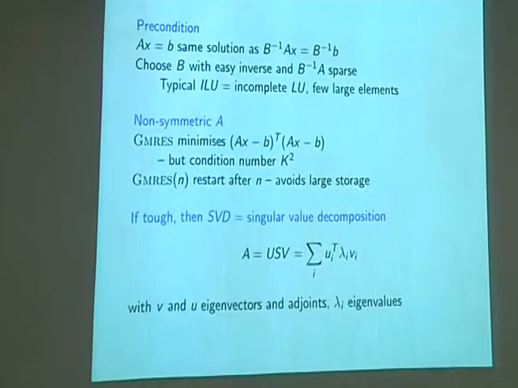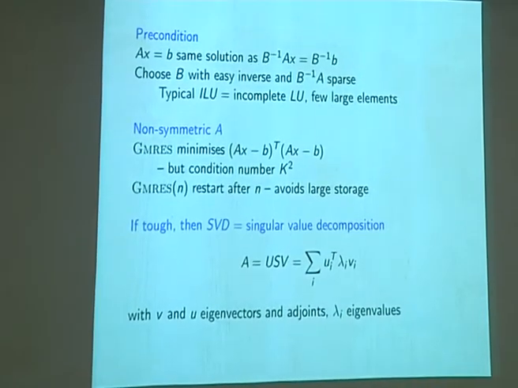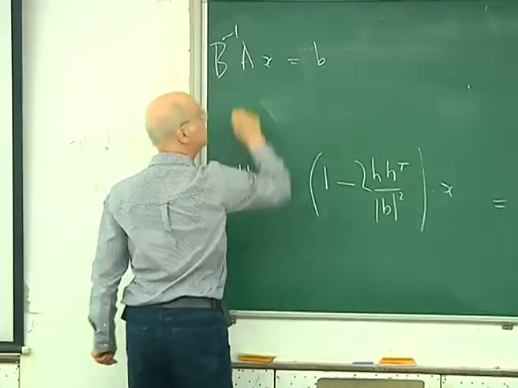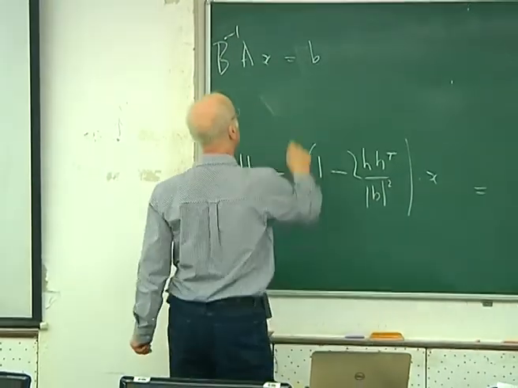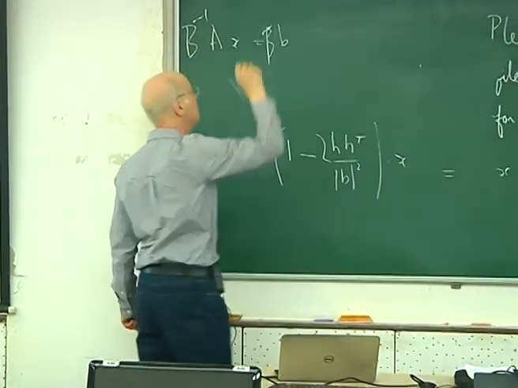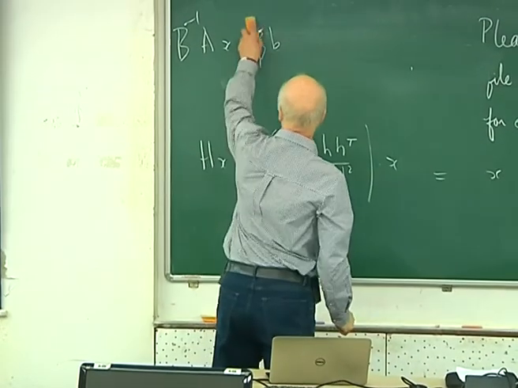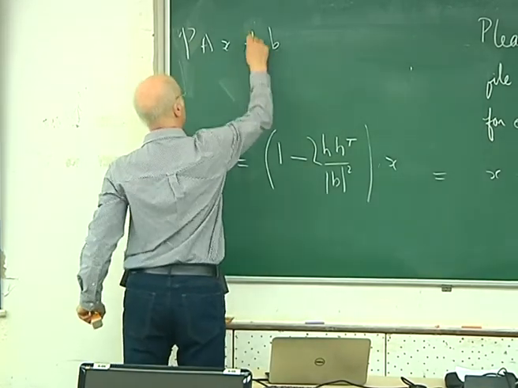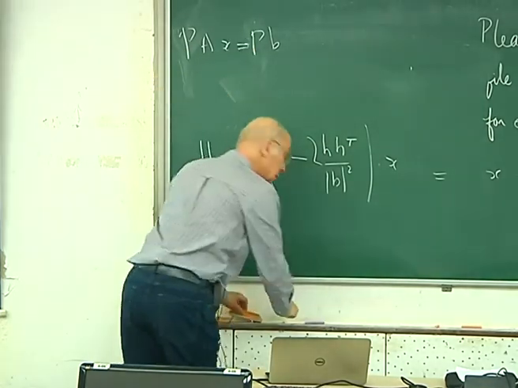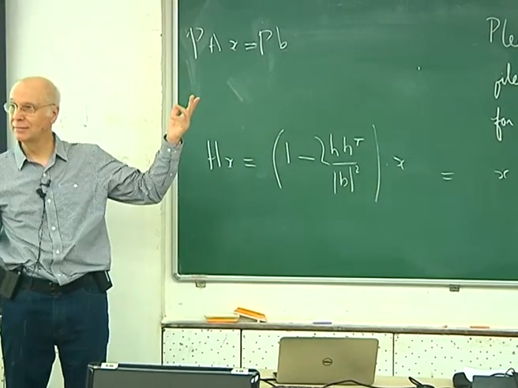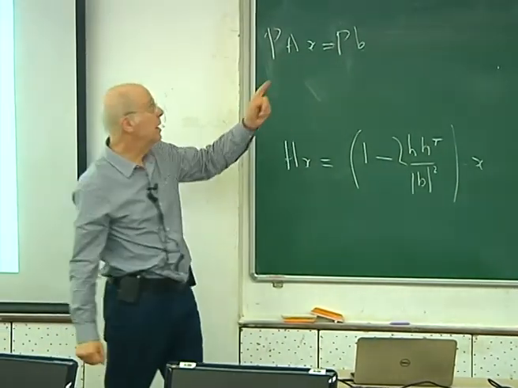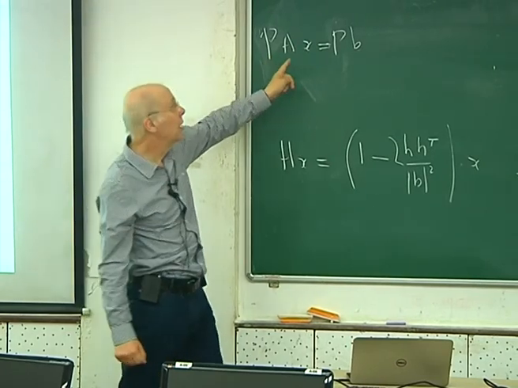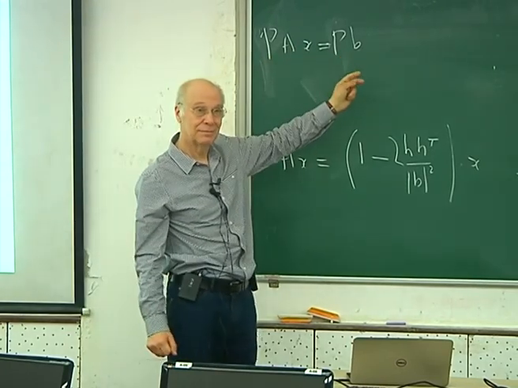Finally, we'd like to solve Ax equals b. I can multiply by B inverse. Well, I can multiply by anything. A preconditioner, P. The solution x is the same. So there's a game. Can you find a nice matrix P that makes this simpler?